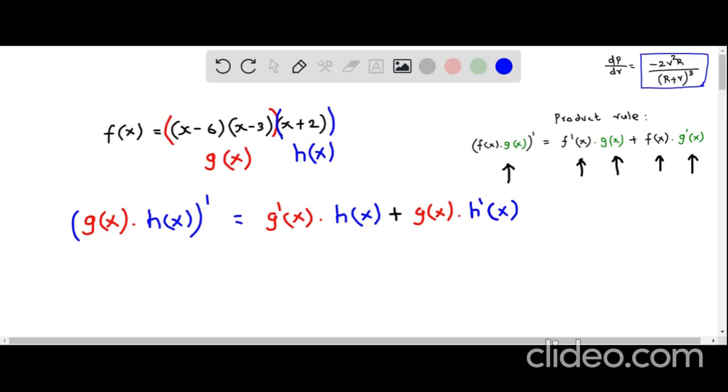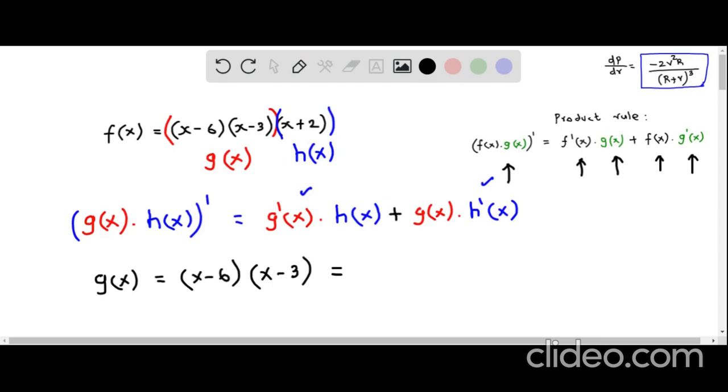So this will be the derivative of f of x. So let's find this g prime of x as well as h prime of x, so that we can substitute into this formula. First, I'm going to write down g of x. This equals (x minus 6) times (x minus 3).